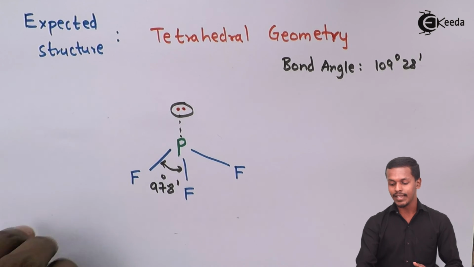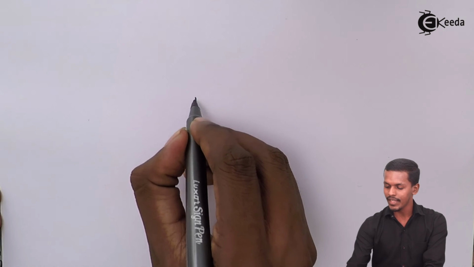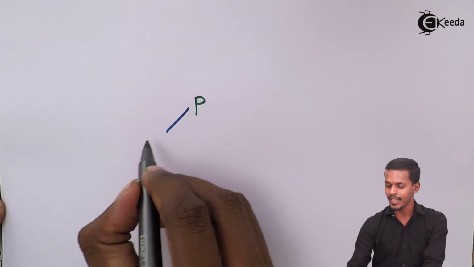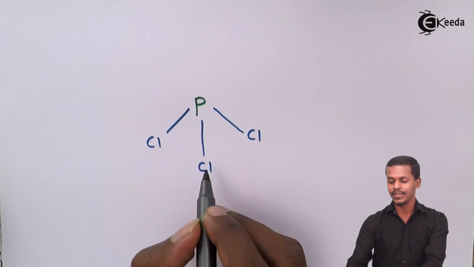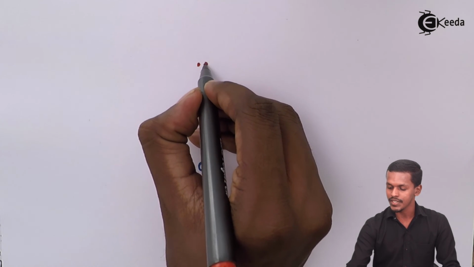Similarly, if I talk about phosphorus trichloride, that is PCl3, let me draw the structure of it so that I can make you understand. Suppose this is the phosphorus that we have, and again the Cl bonds will give the regular structure that we have discussed for PF3, and it will have one lone pair of electrons on phosphorus.